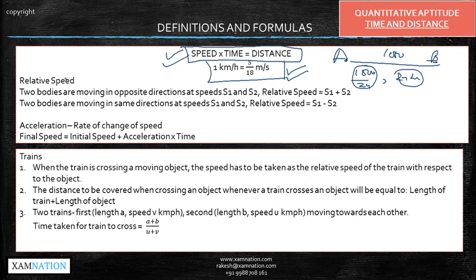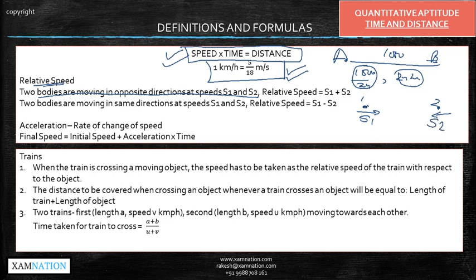Right? So let's see the concept of relative speed. Let's say two bodies are moving in opposite directions at speeds of s1 and s2. So let's say there are two cars, one car and a second car. Fine. So they are moving toward each other. The first car's speed is s1 kilometer per hour, the second one's speed is s2 kilometer per hour.